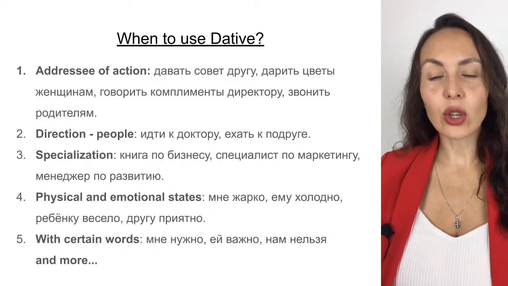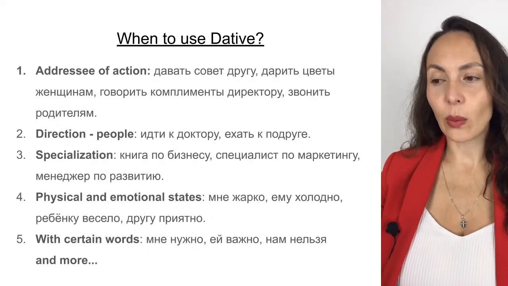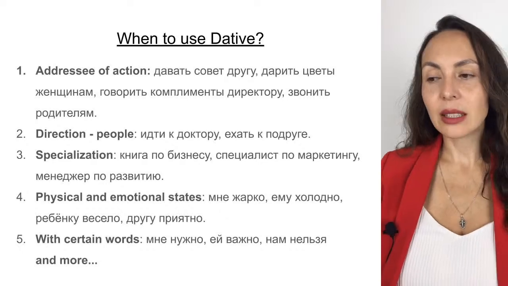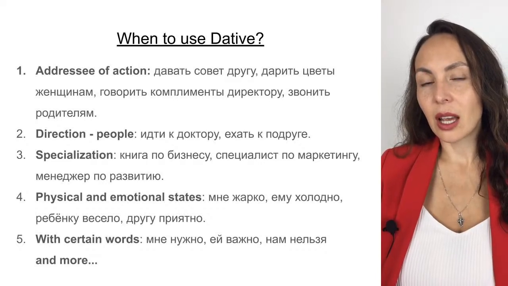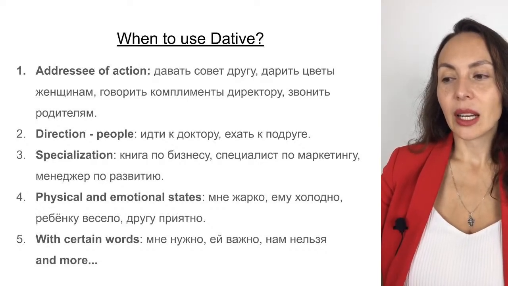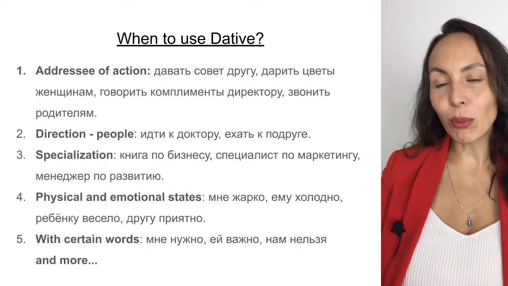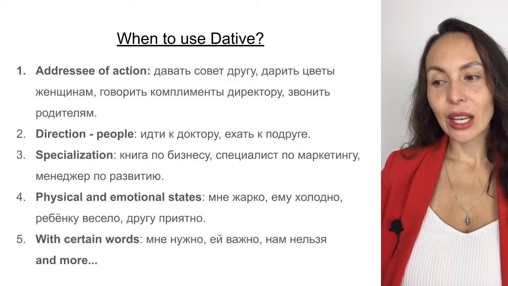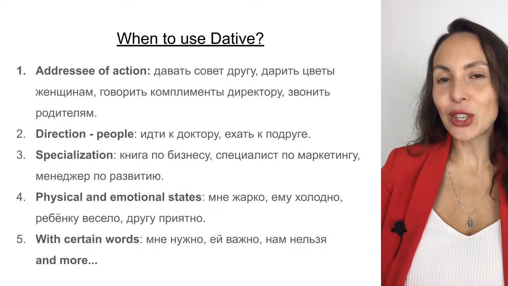Physical and emotional states. Those are impersonal constructions. What in English is I am hot, in Russian it's impersonal. Мне жарко. Ему холодно. Ребенку. Другу приятно. Ой, мне очень приятно. Приятно познакомиться.